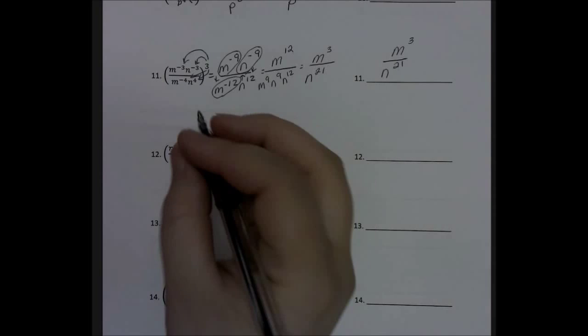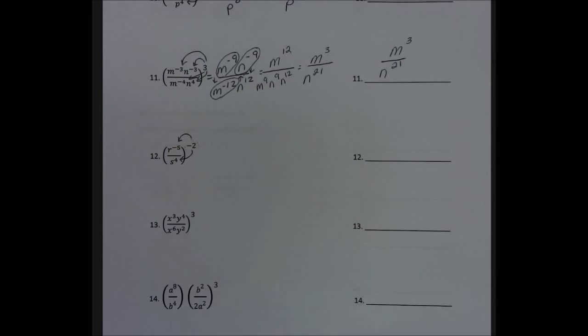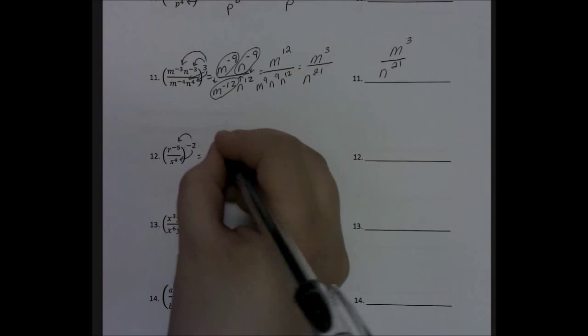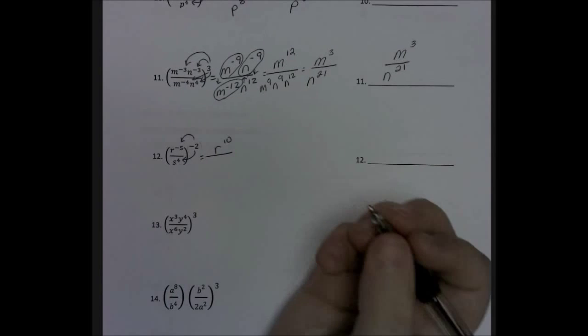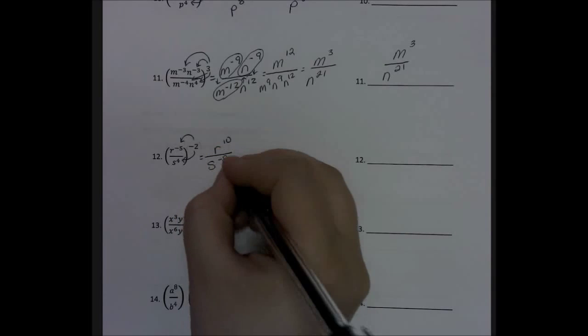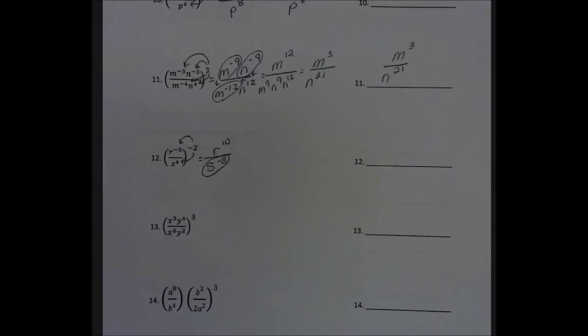Now number 12, we again distribute that negative 2 into every exponent inside of that set of parentheses. So negative 5 times negative 2 is r to the 10, and then 4 times negative 2 is s to the negative 8. Remember, your problem is not simplified if you have a negative exponent.